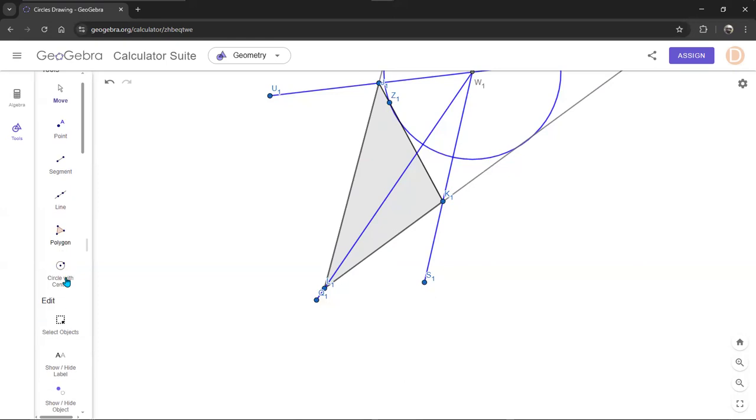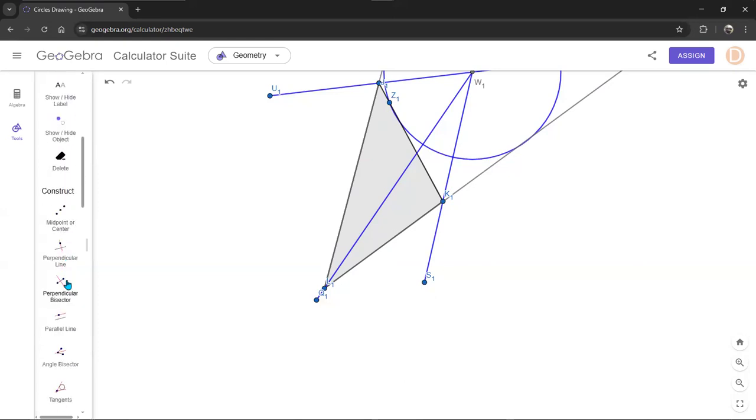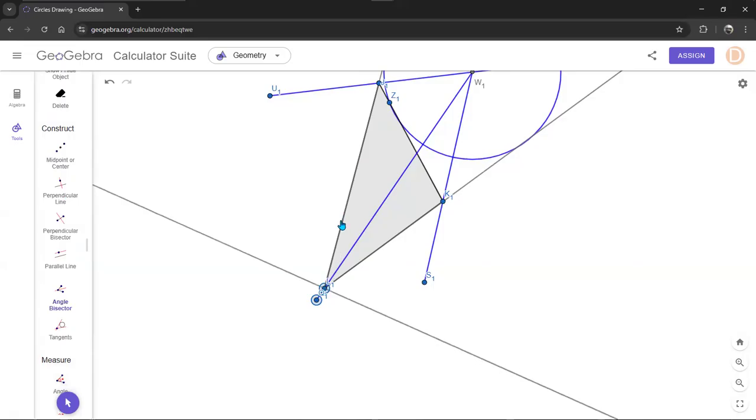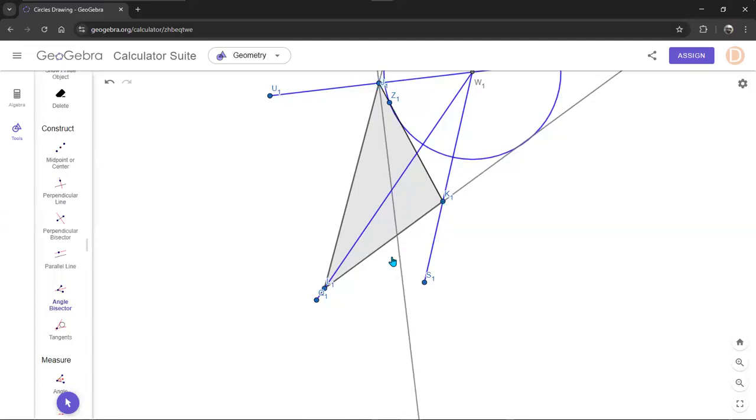So we need the angle bisector of L1, J1, K1. So we have this bisector, the angle bisector of the interior angle.